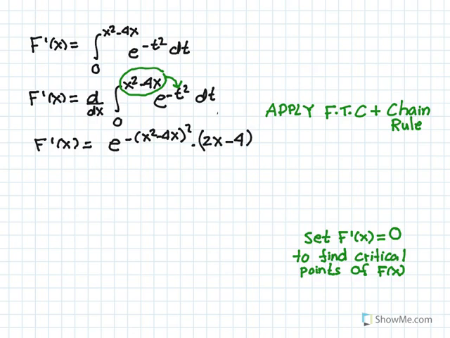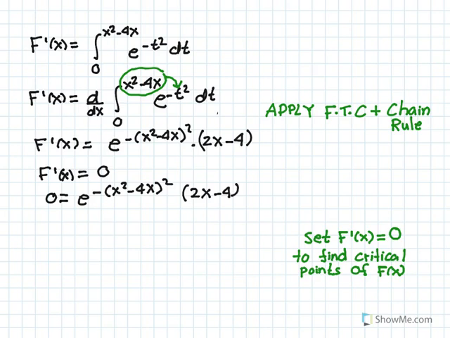All right, so now we want to find the critical point. So we set F prime of x equal to 0. We get 0 is equal to e to the minus (x squared minus 4x) all squared times (2x minus 4). Now it's clear that a negative exponential is never 0. In fact, it's always positive.